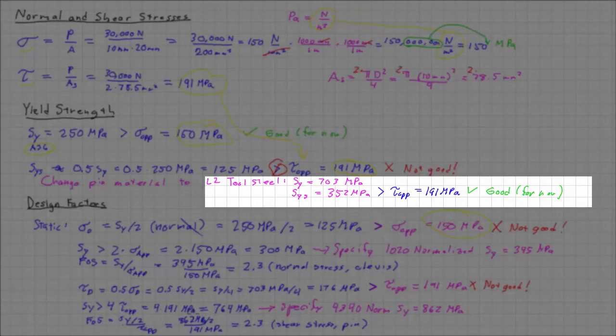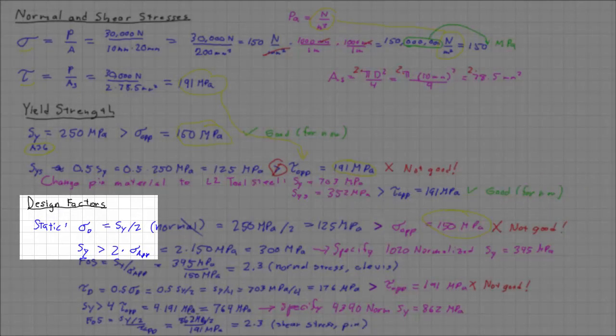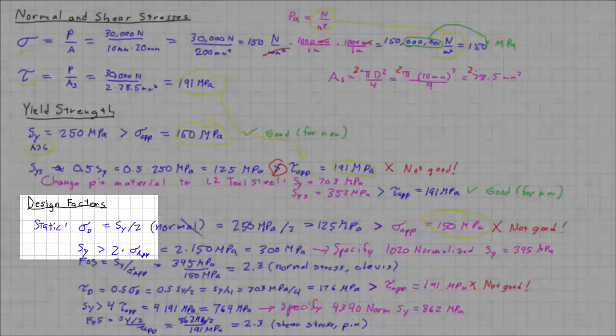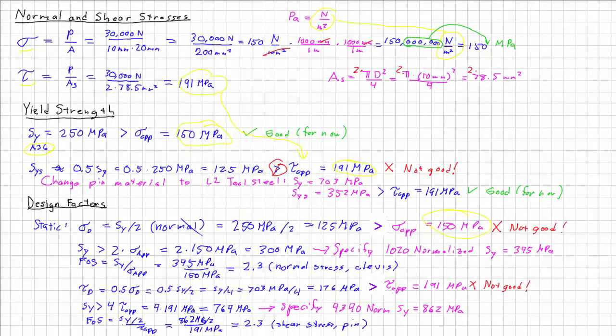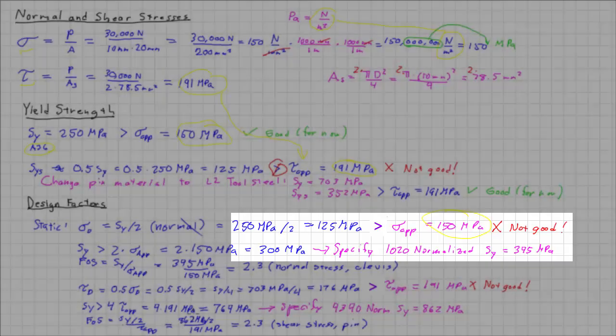Then when we considered other design factors, often simply throwing a factor of 2 in there just because there are many unknowns and so on, reviewing what the design factors are based on, we had to change the material for the normal stress so that it had a higher yield strength. We started off at 250 with the A36 and we changed to the 1020 normalized, and we ended up with a higher yield strength because of the added design factor.